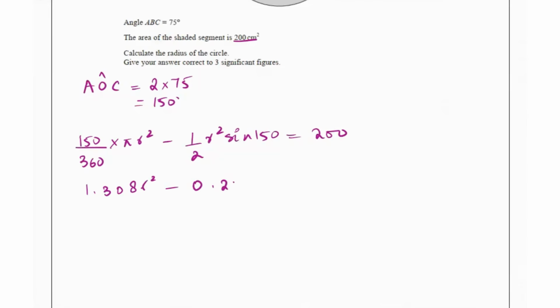So 0.25 r squared equals 200. So 1.308 minus 0.25, that's 1.058 r squared.